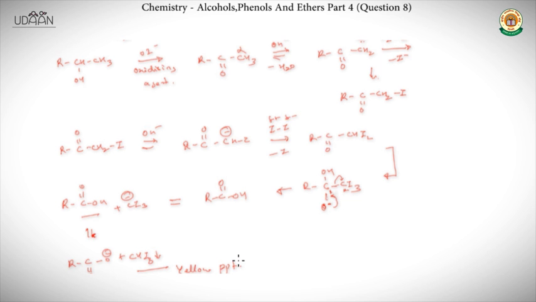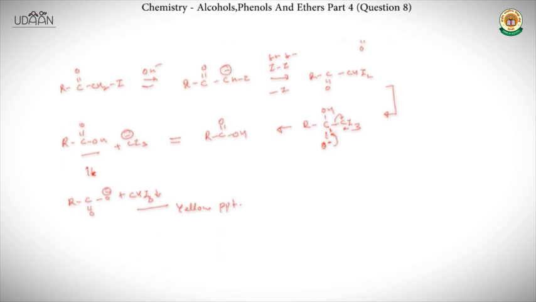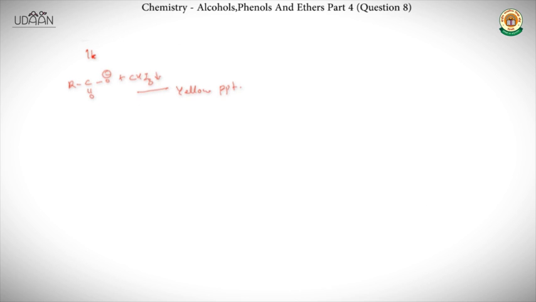Okay. So in this question, it means which options will undergo this reaction? One more important point is that the compounds which give a positive iodoform test are CH3 with CHOH or CH3 with C double bond O compounds.